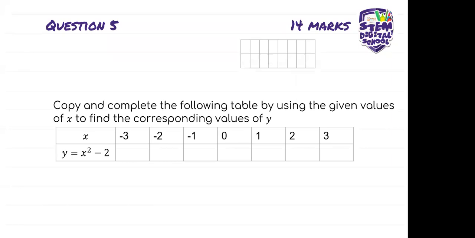Right. So I've started with -3 just to show that you multiply -3 by -3 to get +9. 9 minus 2 is 7. So it means if x is -3, then y will be equal to 7.